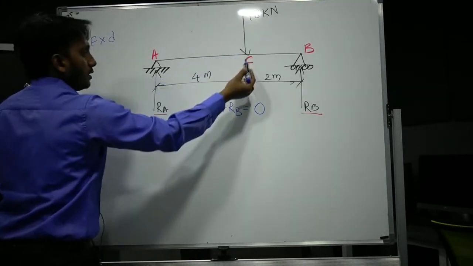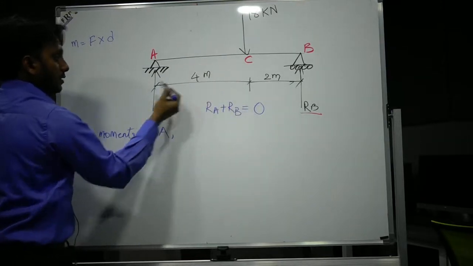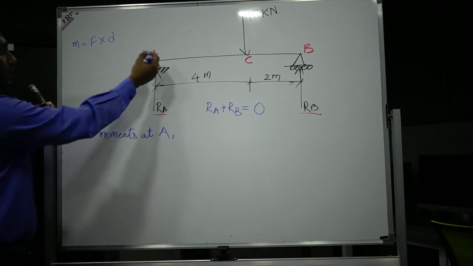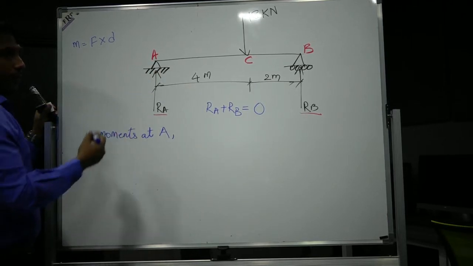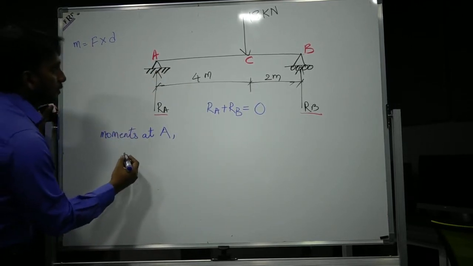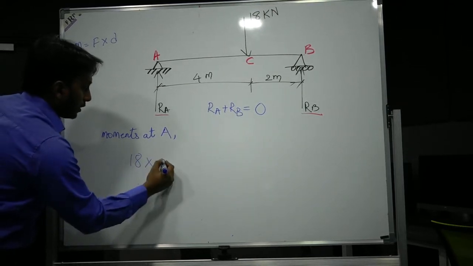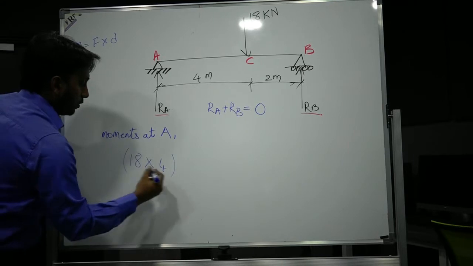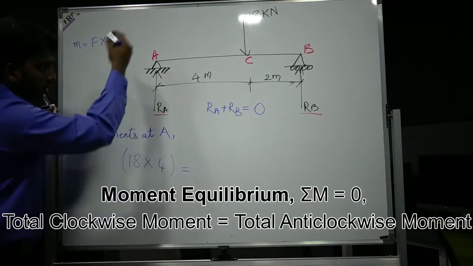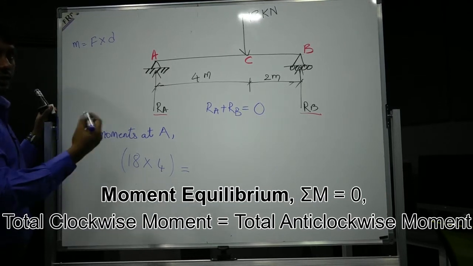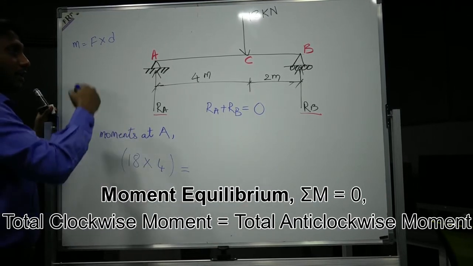So here force is this and distance is this. So when we are calculating reaction at A, the moment is 18 into distance 4. Total clockwise moment is equal to total anti-clockwise moment.